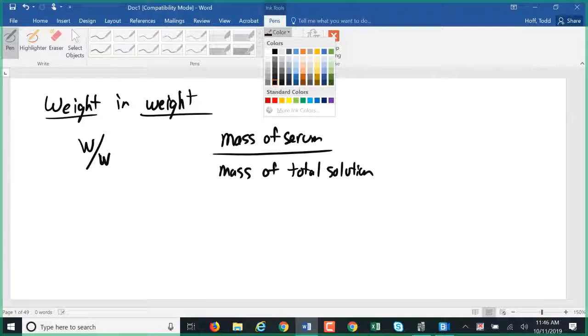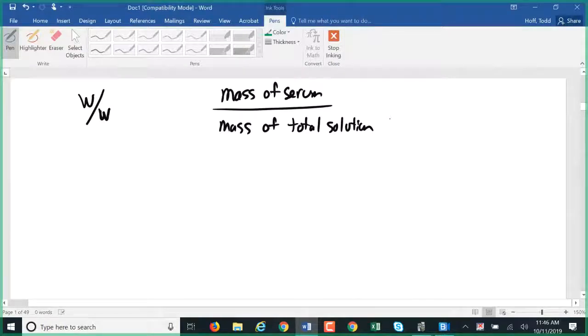There's no loss in mass. So if we combine, let's just say we have 20 milligrams of alcohol in 400 milligram solution.